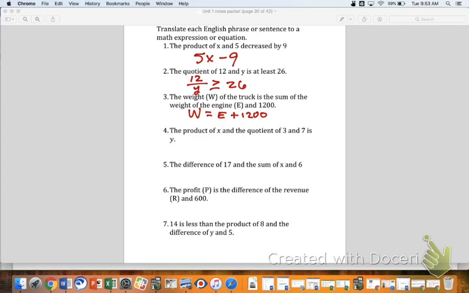I'll just do as many of these as I can. Got about 45 seconds left. The product of X and the quotient of 3 and 7 is Y. Looks like that. X times 3/7 equals Y. Number 5, the difference of 17 and the sum of X and 6 is right there.